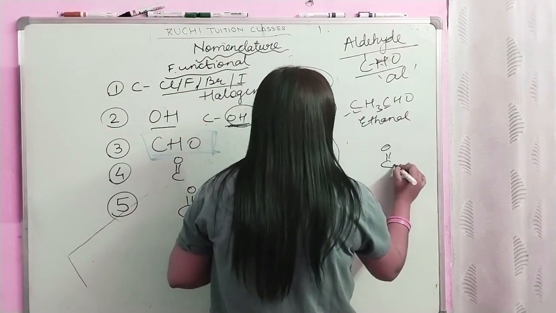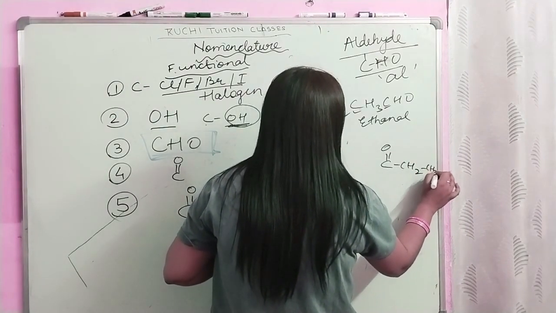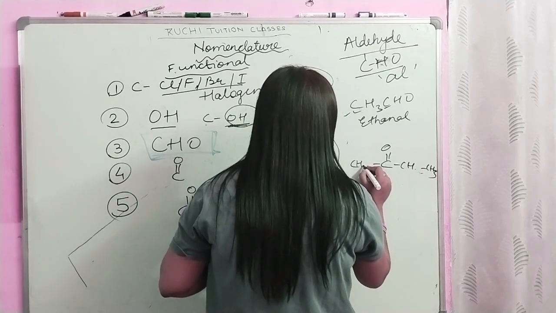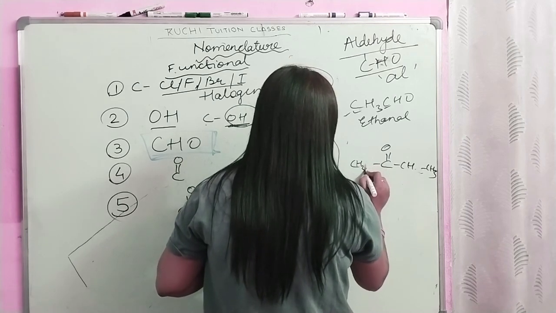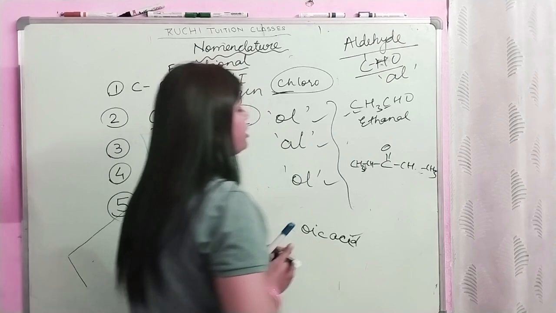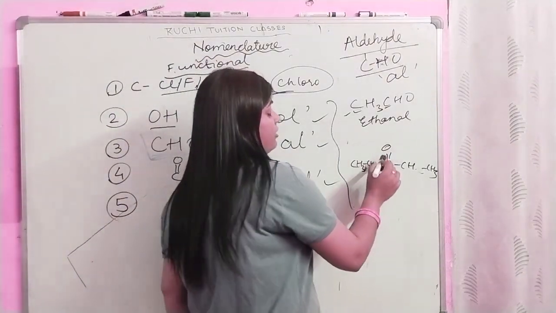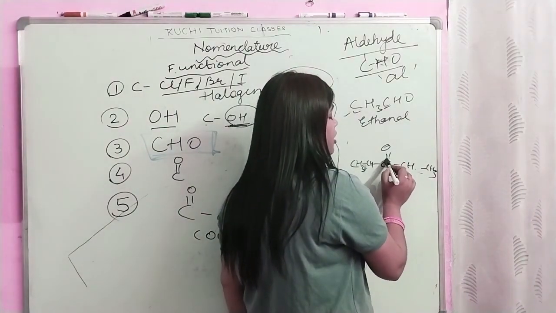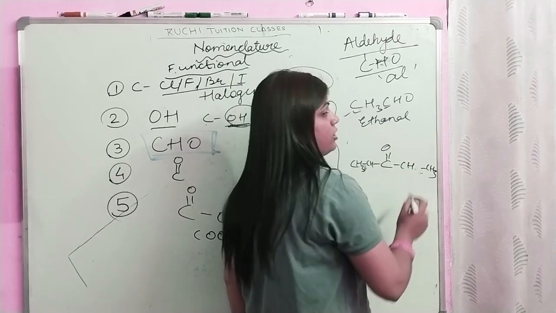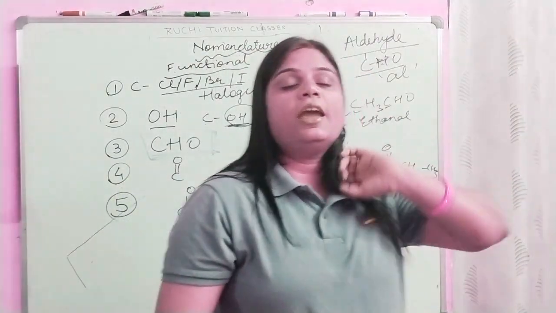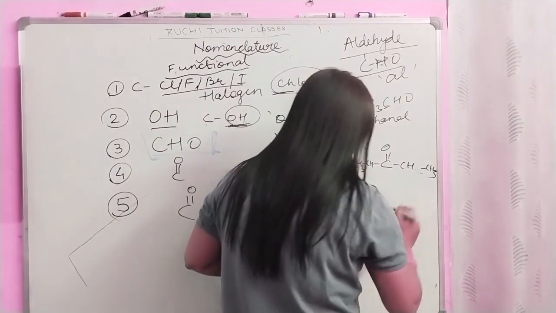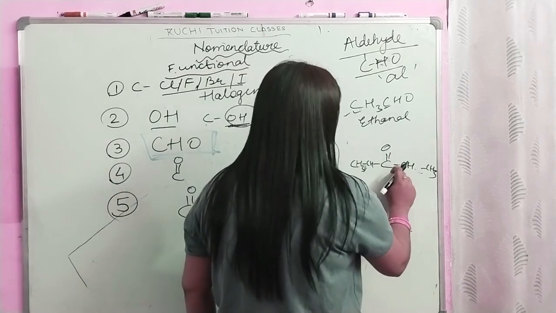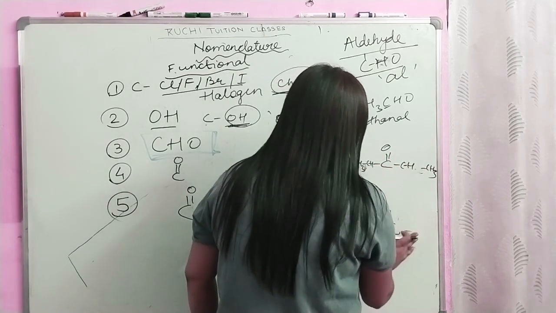So like this in ketone also. Why have I written CH here? Because carbon is tetravalent, it has 4 valency. It will share only 4 bonds, 1, 2, 3, 4. So here 1, 2, 3 and here also a bond is there, so we write CH.